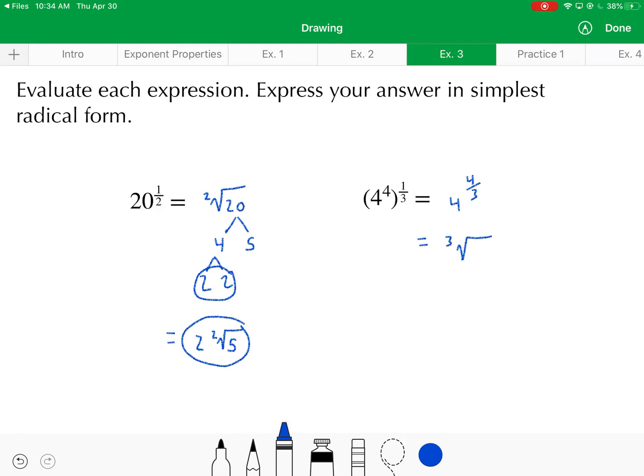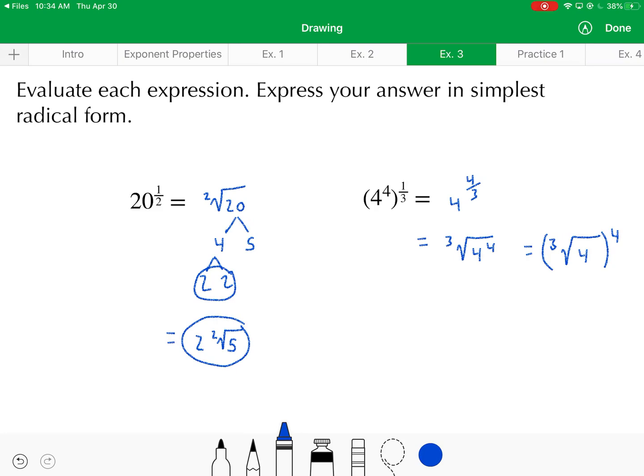We could say the cube root of 4 raised to the 4th, or we could also say the cube root of 4 then raised to the 4th. Now in this particular case, I think it's more beneficial to account for the power of 4 first. Why? Well, the cube root of 4 doesn't simplify on its own. Okay? Cube root of 4 does not simplify on its own.